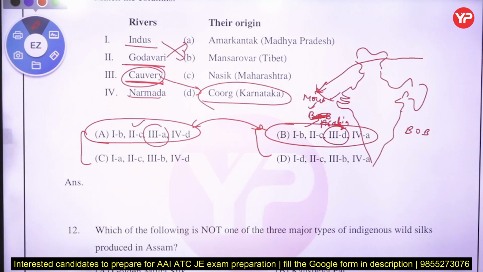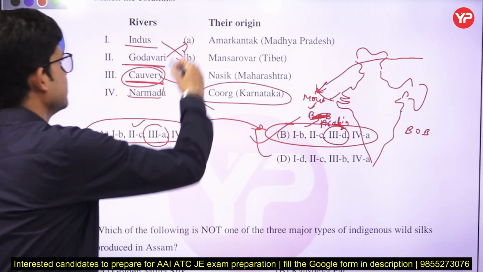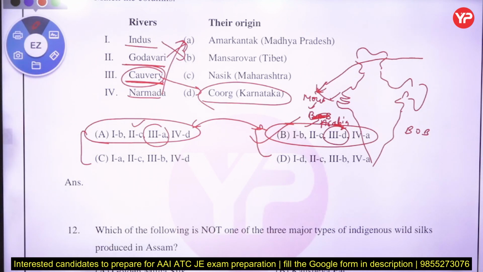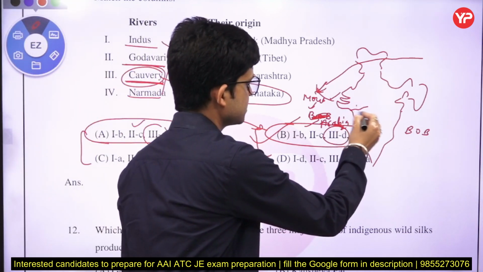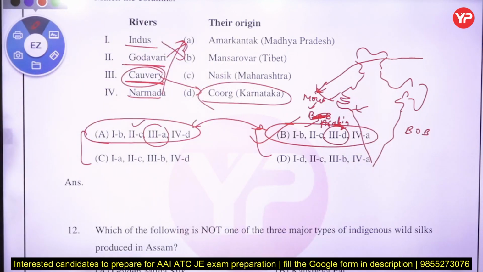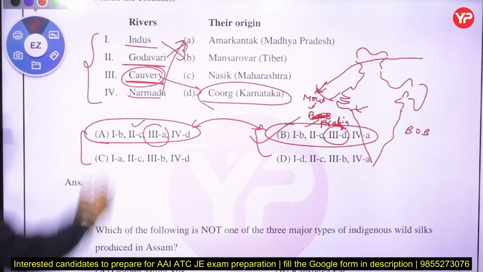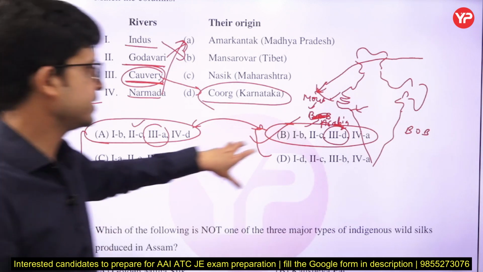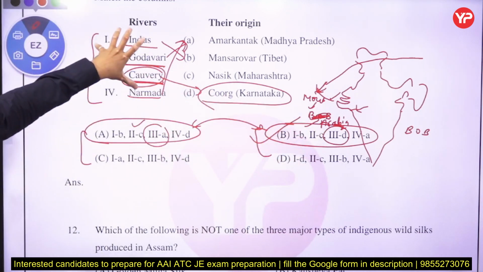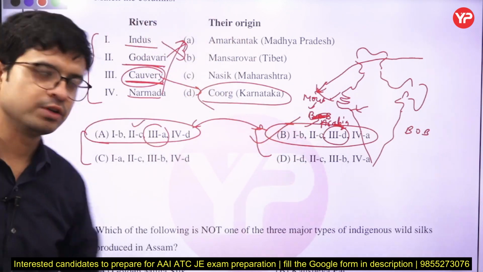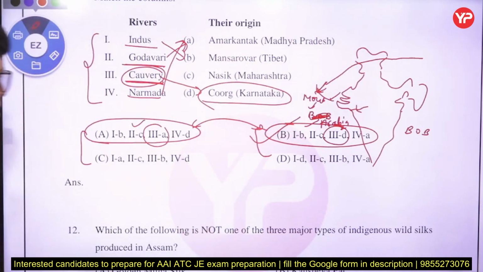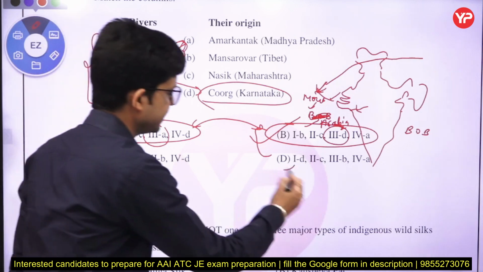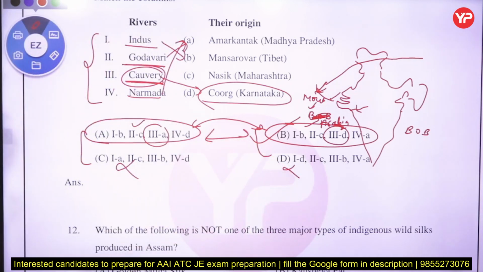So option B was the correct one, and Narmada starts from the Amarkantak Plateau. This is the Narmada river. We will do more on rivers. So you can use the elimination method if a question arises for match the following. We know that Indus is from Tibet, that is clear. Now we get two options eliminated, we have only two options pending.